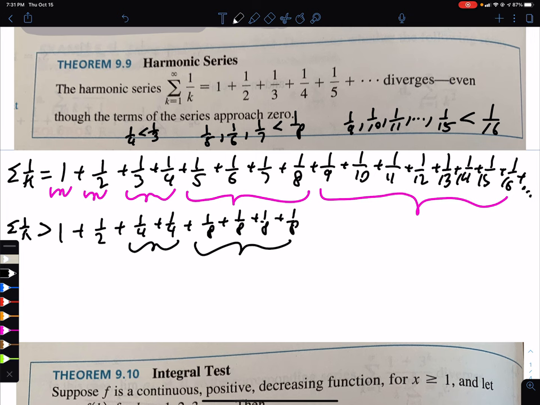I actually think I went the wrong direction. Let me see if I'm doing that right. Those are bigger, huh? Because the denominators. Okay, let me back up. These are bigger. I need to switch these inequalities. I'm not even thinking right. It's getting late. So these are bigger.